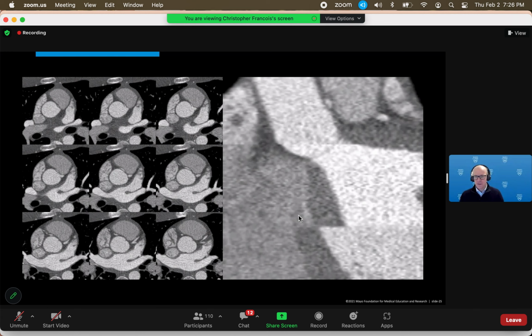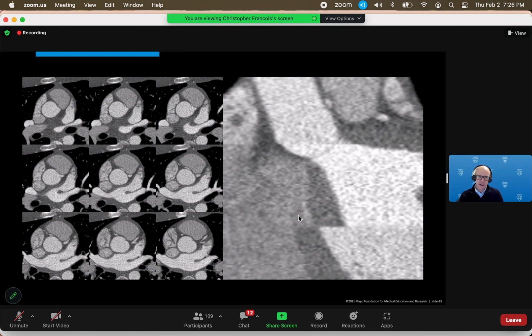Now, the way we describe anomalous coronary arteries has changed a little bit over the last 5 to 10 years or so. It used to be thought that what was important was whether or not the coronary artery went between the aorta and the pulmonary artery, and that was it. It turns out it's a little bit more nuanced than that.